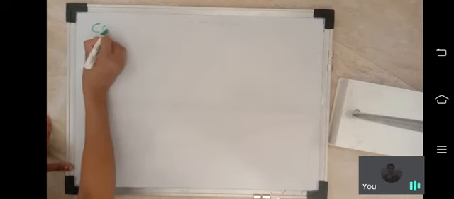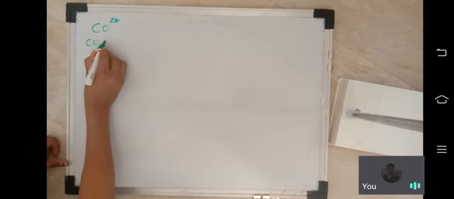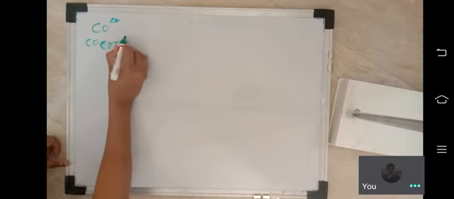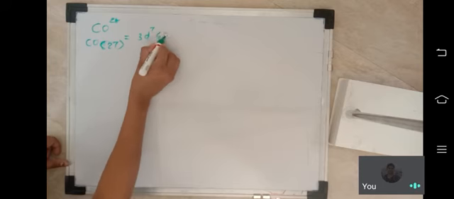Okay, now we see the next example, the cobalt 2 plus ion. First you have to write cobalt. The atomic number of cobalt is 27. What is the electronic configuration? 3d7 4s2.